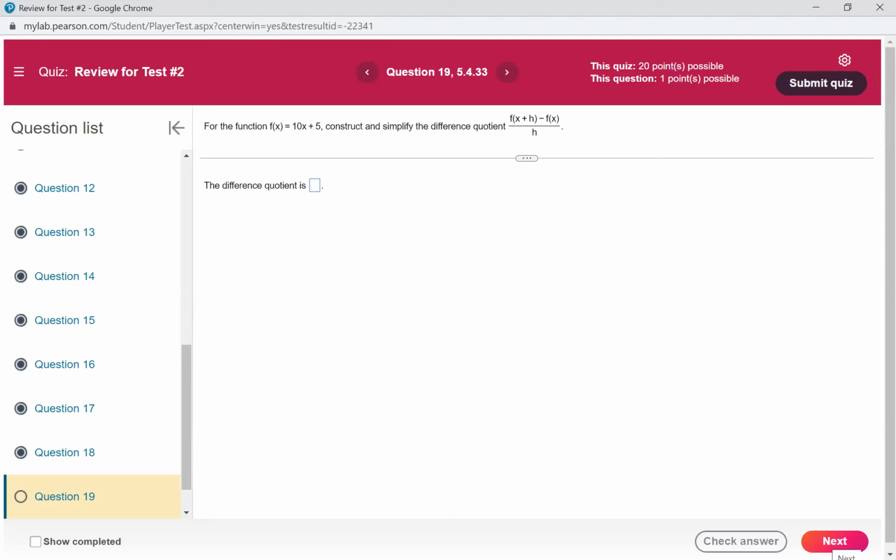All right, y'all, the last two deal with that difference quotient: f of x plus h minus f of x, all over h. The first one they're giving me is f of x equals 10x plus 5. So I'm going to go to my pad.